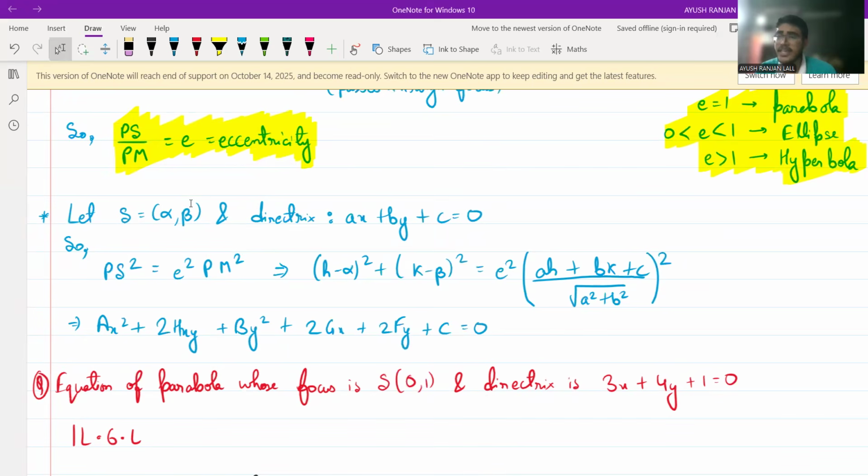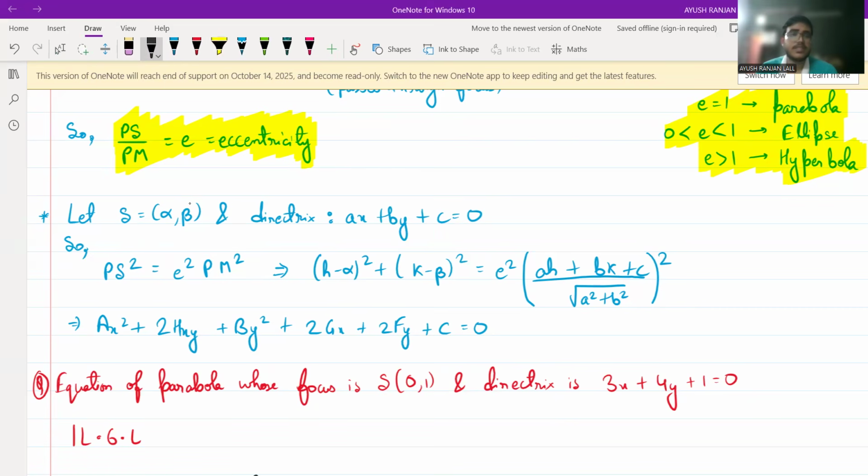We don't know the directrix either, so we have taken ax plus by plus c equals 0. So we can write PS square is equal to e square into PM square.